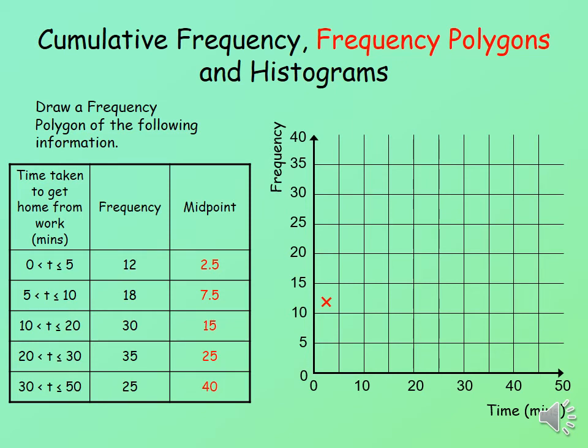So that's 2.5 and 12. 7.5 and 18. So hopefully you're using graph paper and it's a lot more accurate. 15 and 30. 25 and 35, and we're down here for the last one, 40 and 25.